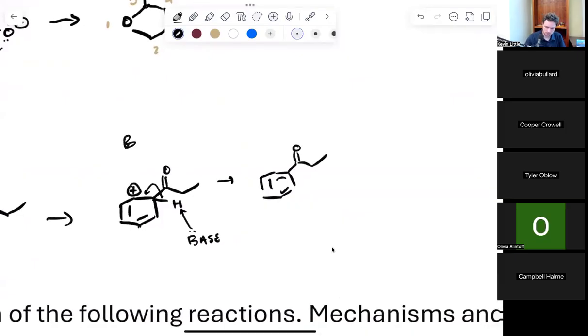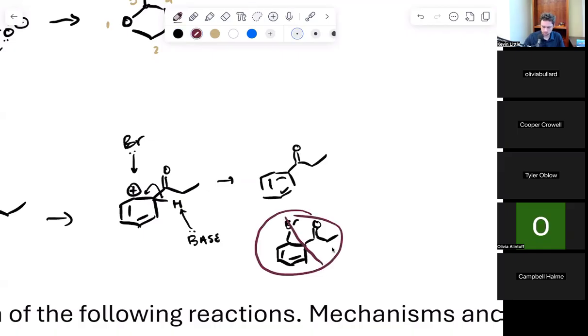If you had bromine sitting here, it would not add into that carbocation. You would not get this, because that is less stable than the one on top. Okay.